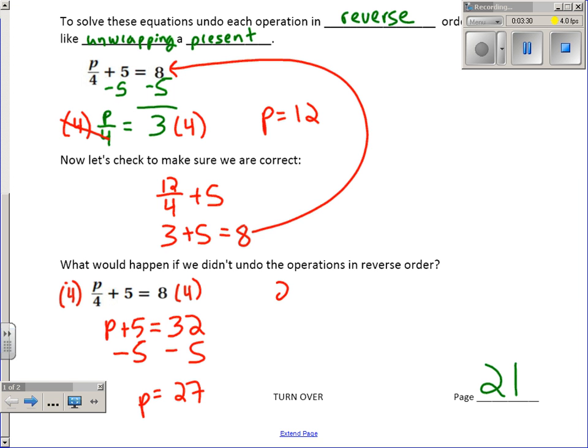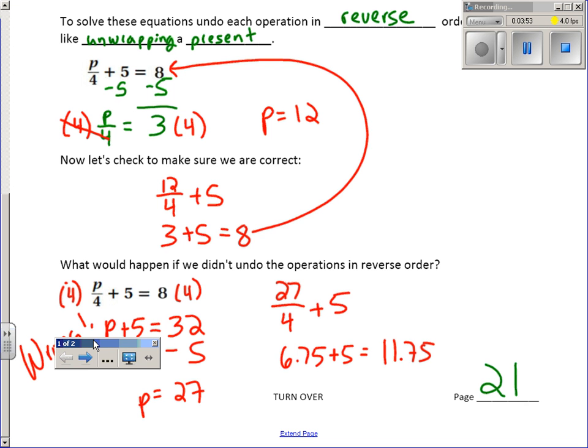So I plug in 27 for P, divide by 4, do plus 5. When I do this math, I think I get something like 6 and 75/100ths plus 5, which equals 11 and 75/100ths, which obviously does not equal 8. So we know this method is wrong. So we have to undo the outside operation first.